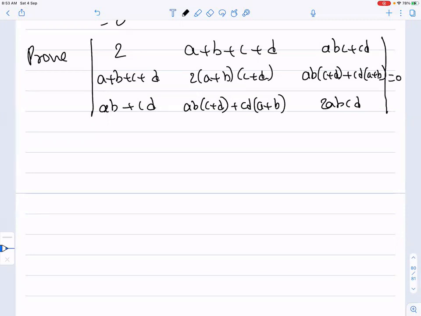Try this. There's one typo: here it is ab plus cd. A plus b plus c plus d, ab plus cd. I think the rest of it is fine.